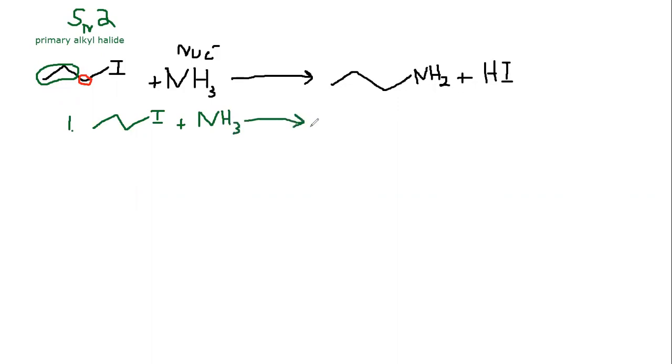Where we get these substituted product. And so here the rate law for this bimolecular step is this. Rate equals k, and I'll draw that in just a second, times NH3.